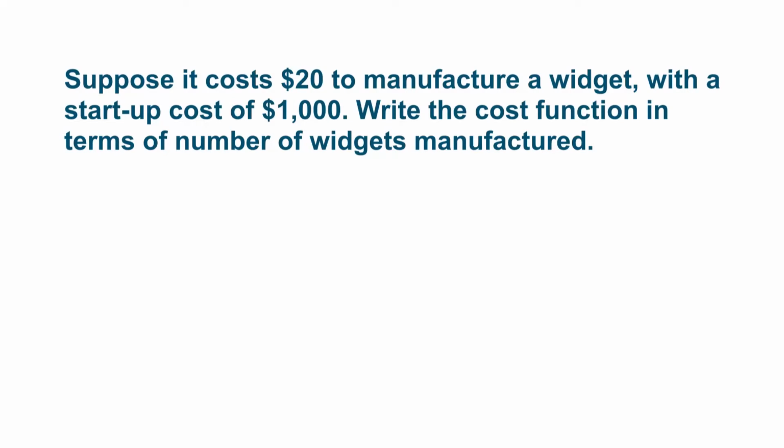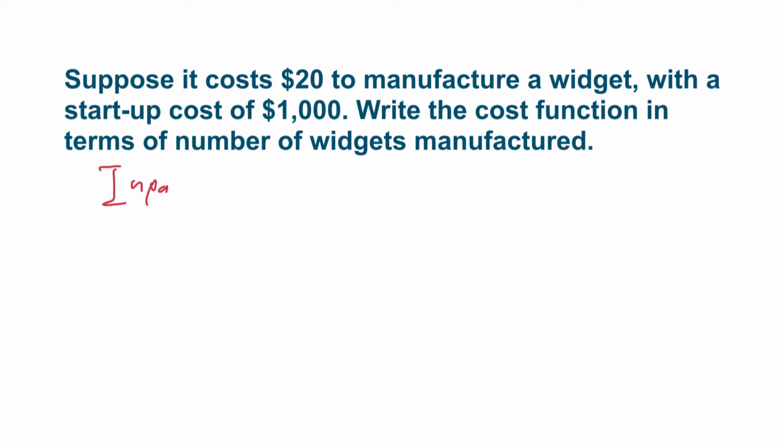But I'm telling you how to compute how much it costs to make them. It costs $1,000 at the start to make any number of them, and then for each widget I make, it'll cost an additional $20. And our question is, what is the cost function in terms of the number of widgets manufactured?